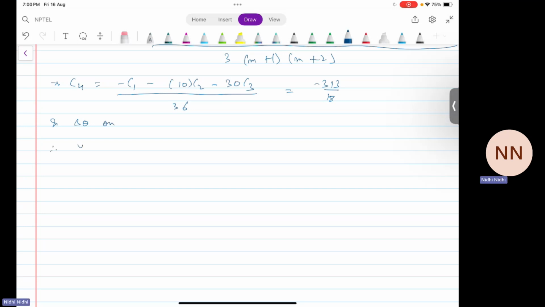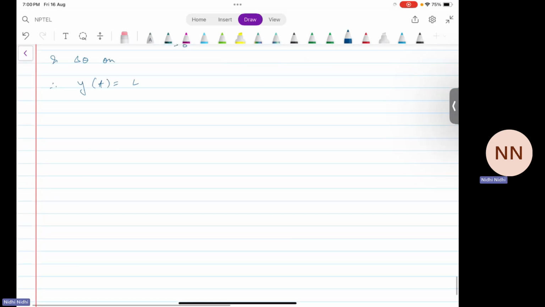Therefore, our y(t) is equal to 4 plus 6t minus 22 by 3 t square plus 125 by 27 t cube (C3 was 125 by 27) minus 313 by 18 t power 4 and so on.